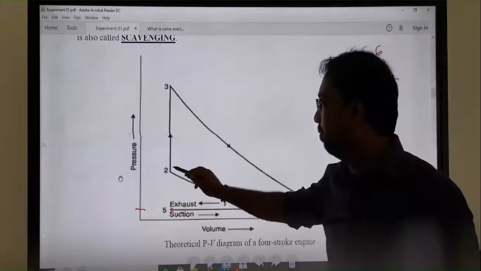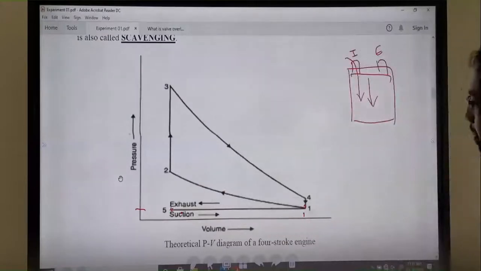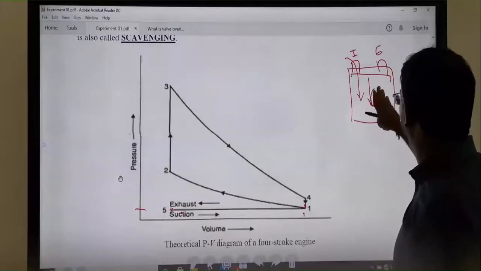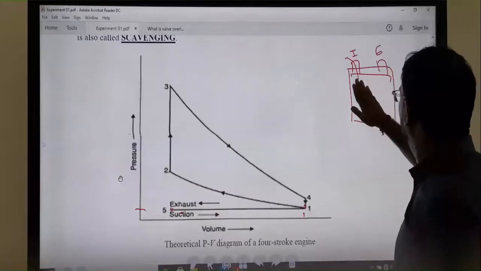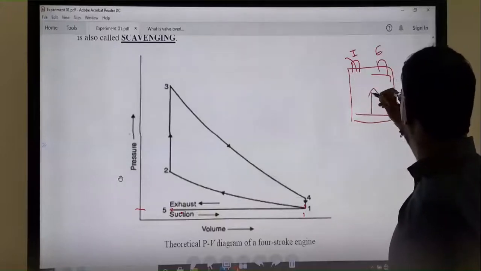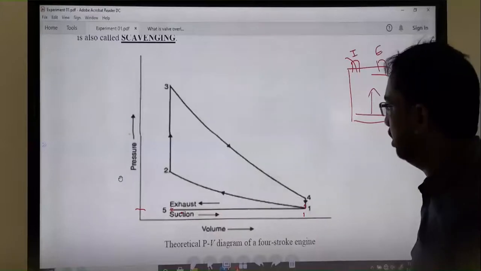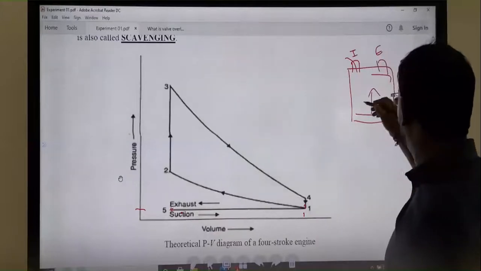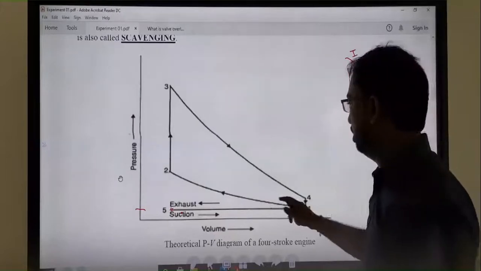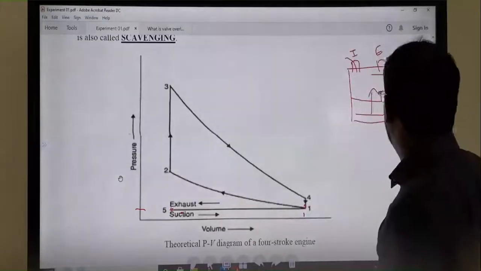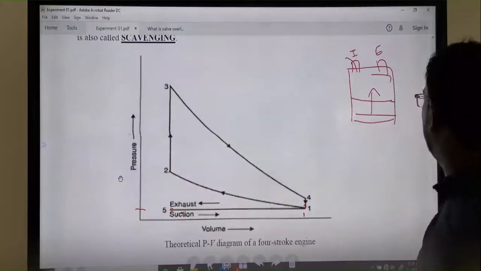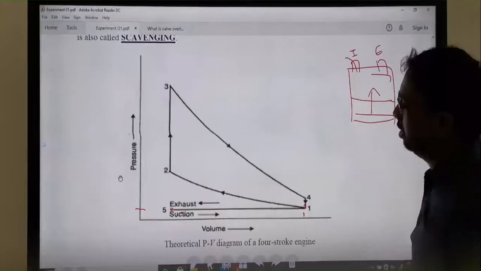Then from 1 to 2, this process is compression. At this time the piston compresses the air upwards, so there is a volume decrease. At the same time the pressure increases because of this compression.